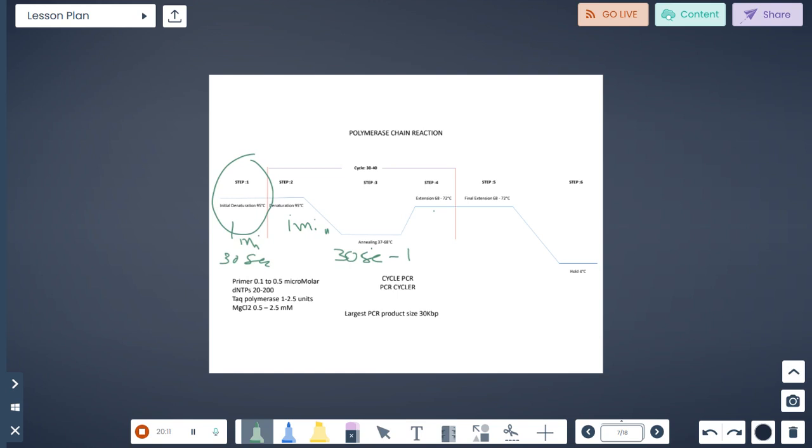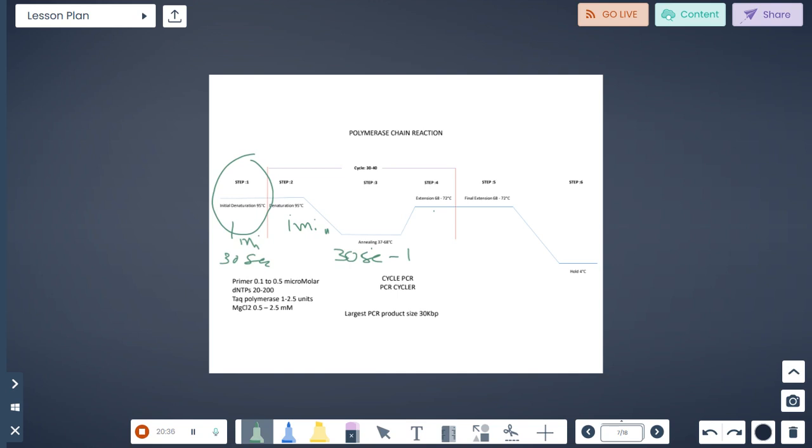Usually when you are using Taq polymerase, the extension temperature will be 72 degrees centigrade. And when you are using a high fidelity DNA polymerase, then you have to slightly reduce the temperature to 68 to 72 degrees centigrade, because this also has a 3 prime to 5 prime exonuclease activity.